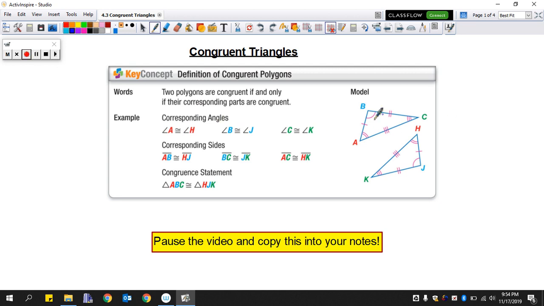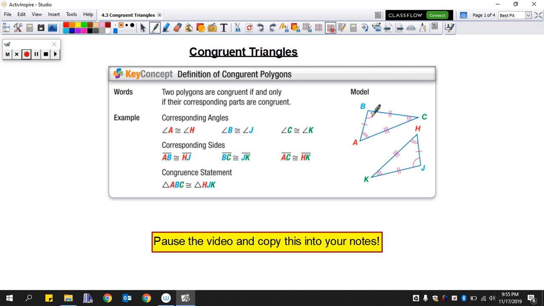In other words, B is congruent to J because they have one congruency arc. A is congruent to H because they have two congruency arcs. And C is congruent to K because they have three congruency marks.